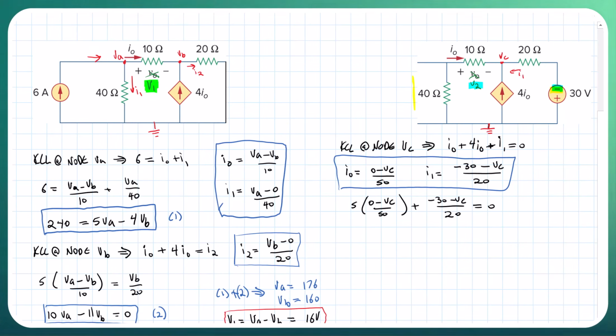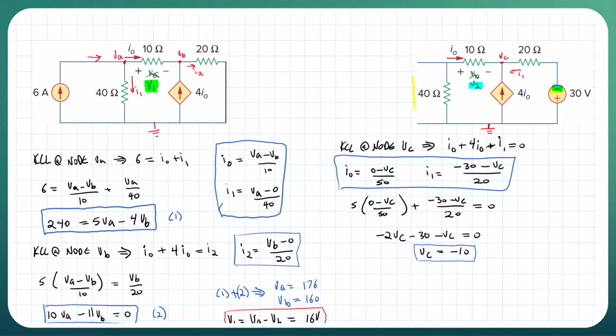If we simplify this, let me do two steps here. Minus 2 VC minus 30 minus VC equals 0. Since we only have VC, what we get is VC equals minus 10.